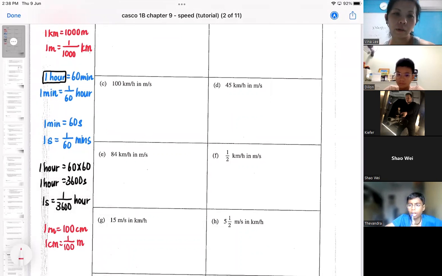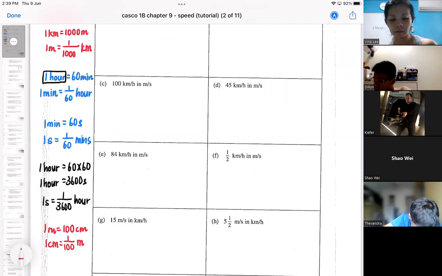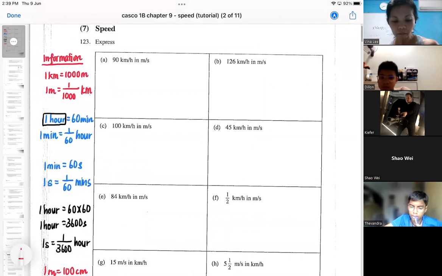All these conversions will be necessary later on in area and perimeter, where you also have conversion between meter square and centimeter square. So this is the start for speed conversion.